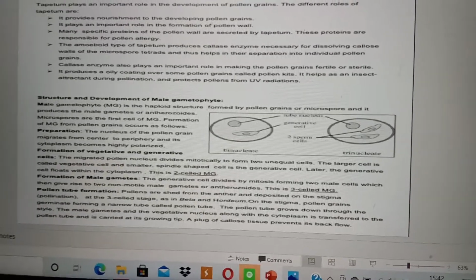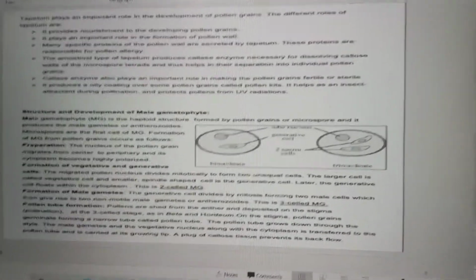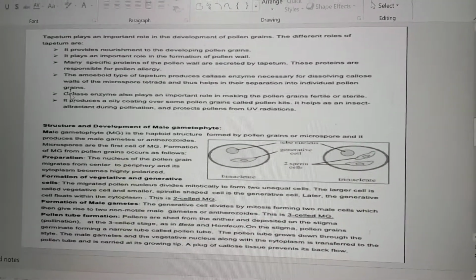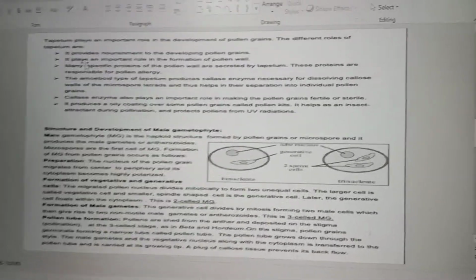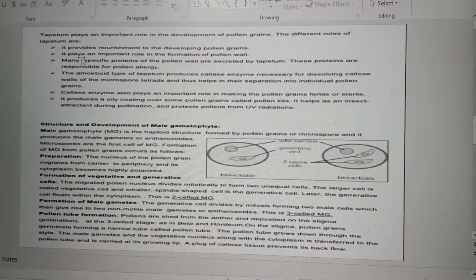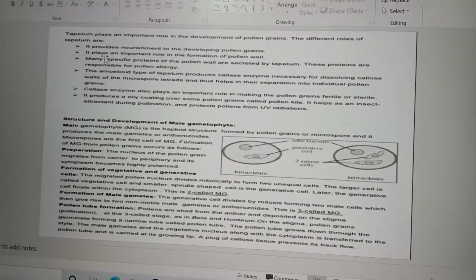Then what is the role of the tapetum? The tapetum plays an important role in the development of the pollen grains. So the innermost layer is the tapetum, which surrounds the developing microspore mother cells or the dividing microspore mother cells.